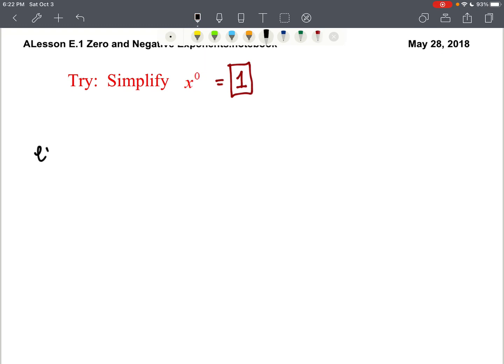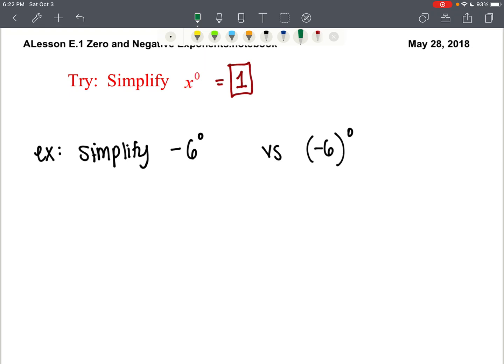Okay, let's do another example. We're going to simplify negative 6 to the 0 power versus negative 6 to the 0 power. Can you tell the difference? If so, give it a try and then come back and see if you've got the answer.